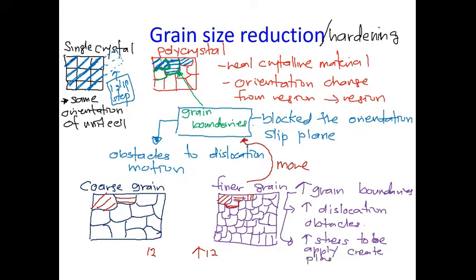That means for these materials to have a slip, it will require more stress. Why does it require more stress? Because they have more dislocation obstacles. There are many obstacles, so if you want to overcome all the obstacles, you have to apply more stress.